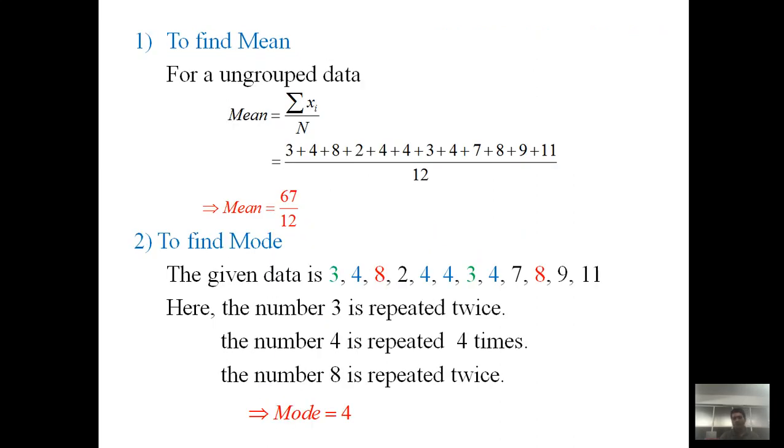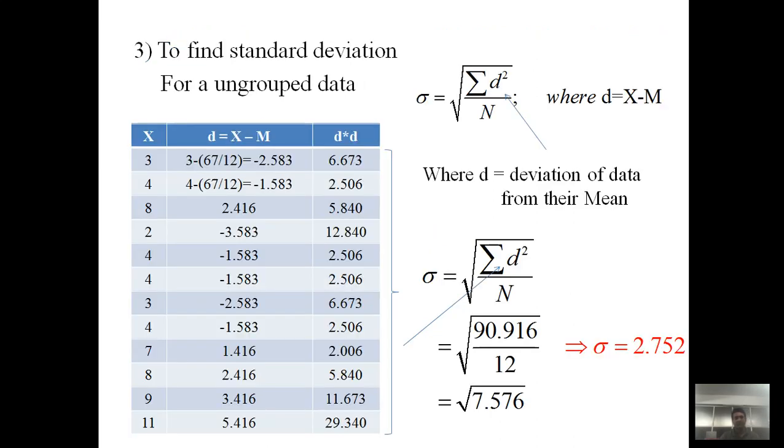Next we calculate the standard deviation. For ungrouped data, the standard deviation is defined as the square root of the sum of d square upon n, where small d is the deviation of the data from the actual mean.